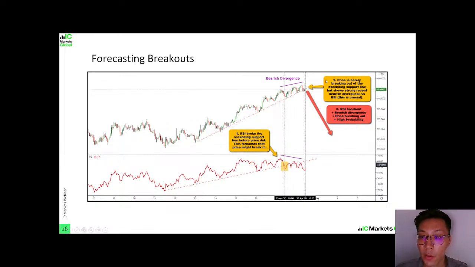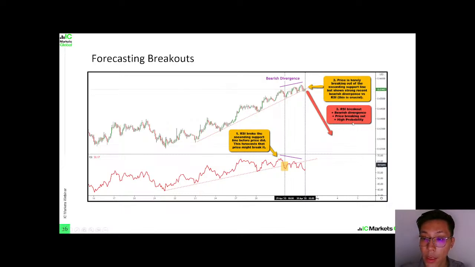Second, price is barely breaking out of the ascending support line, but shows strong recent bearish divergence versus RSI. Once you mark out this very strong ascending support line, you can see that RSI has really broken it. So what can we look for? We can anticipate that price will actually break through this ascending support trend line.